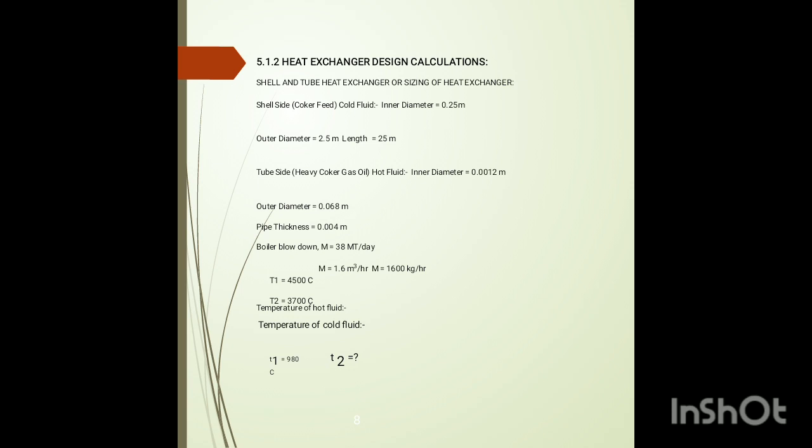The design calculation mainly depends on the shell and tube heat exchangers. As you can see, on the tube side we have the heavy coker gas oil as the hot fluid, and these are some values to help us predict the actual area and the length to be precise for future revamping of the heat exchanger column.